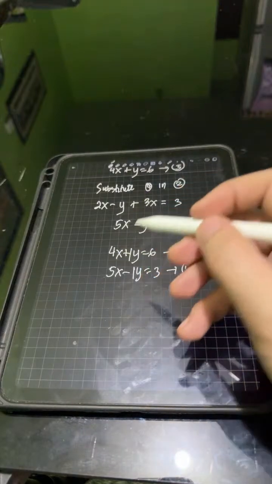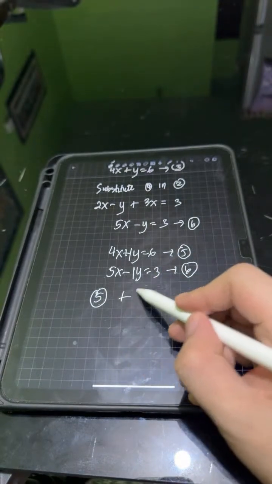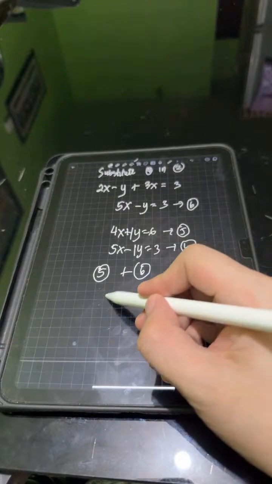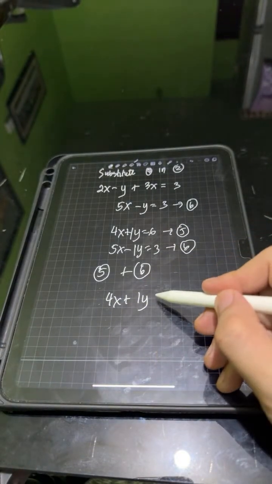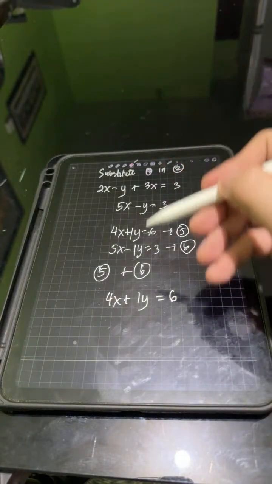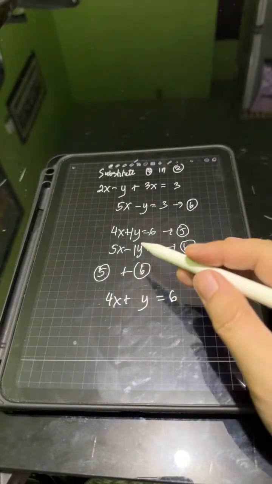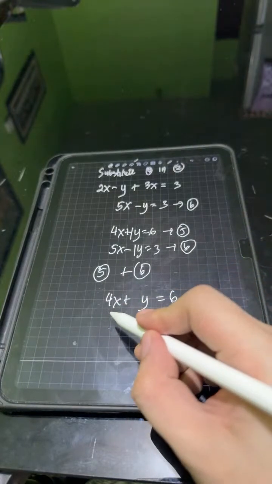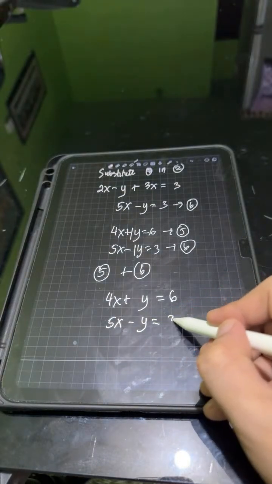Okay? So add 5 and 6 to eliminate the y. 4x plus 1y equals 6, or you don't need to actually put the 1. I just show it to you because the coefficient of y is an invisible 1. 4x plus y equals 6 and 5x minus y equals 3.